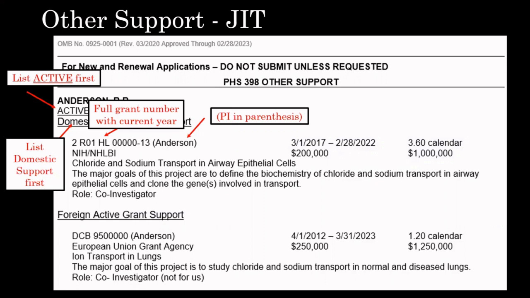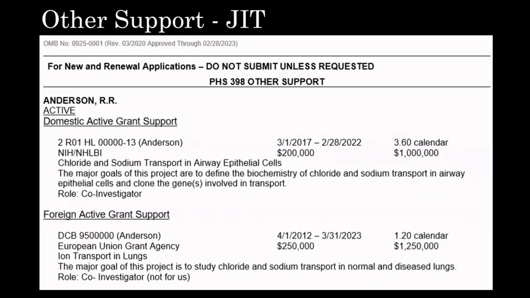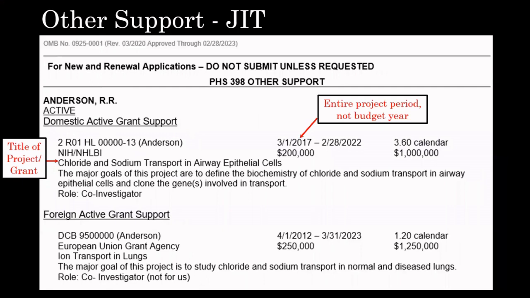Now keep in mind, if it's a multi-PI grant, then you would list all the last names in parentheses. The source of support. The title of the project or grant. And you're going to list the entire project period, not the budget year.